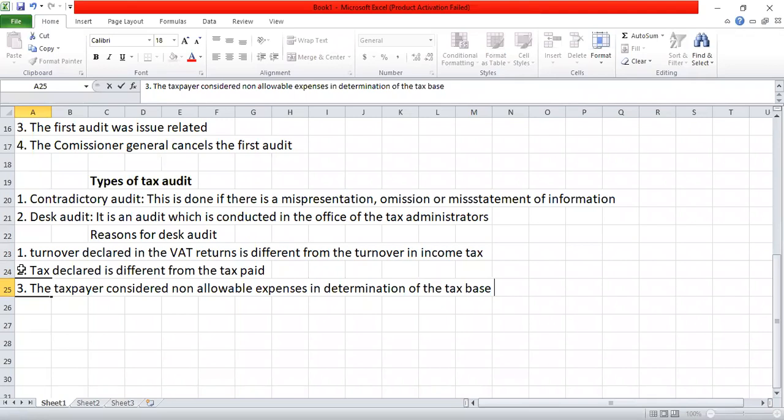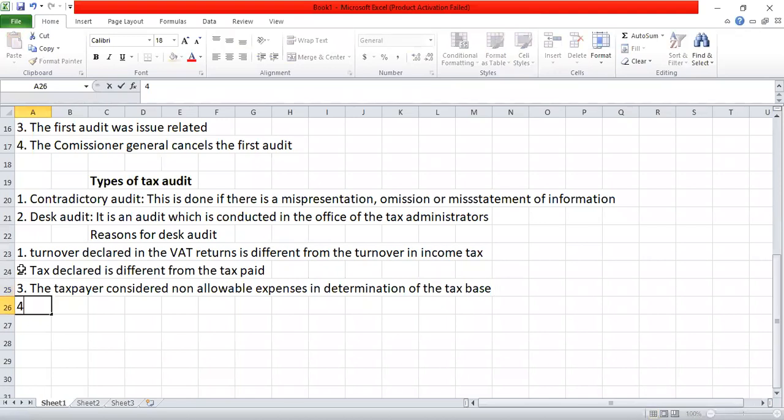There are some expenses which are allowed and some expenses that are not allowed. So if in the computation of the tax base for income tax, the taxpayer considers some expenses that are not allowed, that can trigger a desk audit.